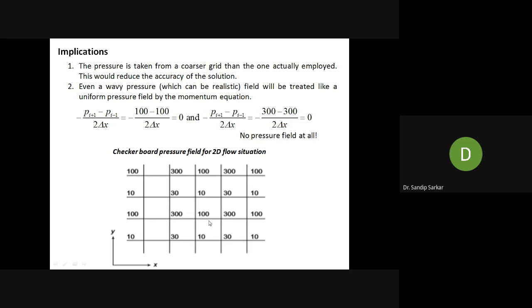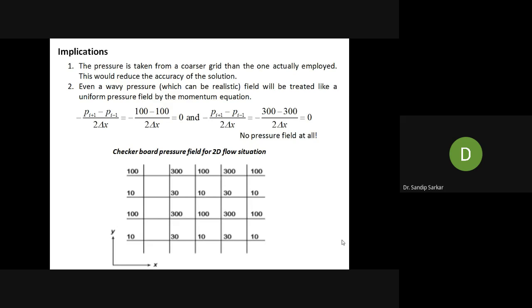So you may obtain an infinite number of solutions with this checkerboard kind of pressure field distribution, because in all situations your numerical scheme will not incorporate the pressure gradient, since it is automatically zero for this special checkerboard type of pressure field in a 2D flow situation.